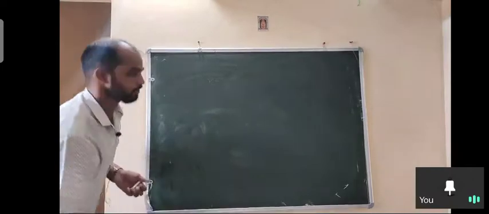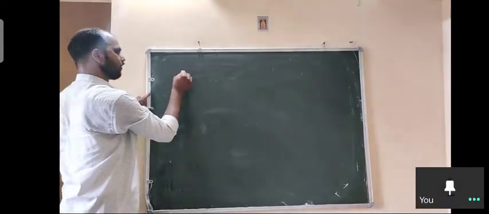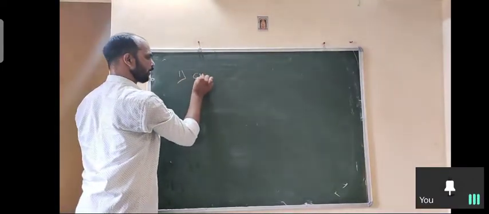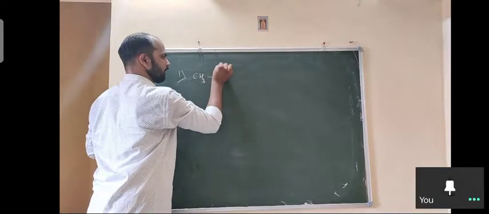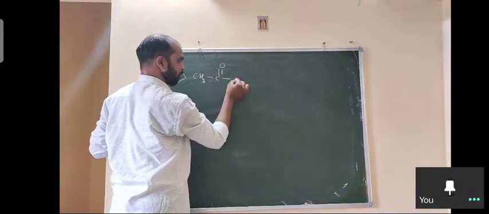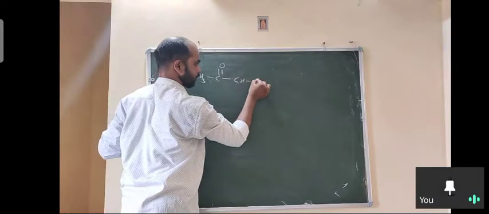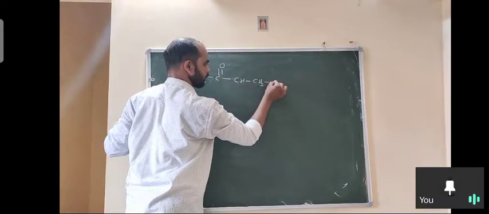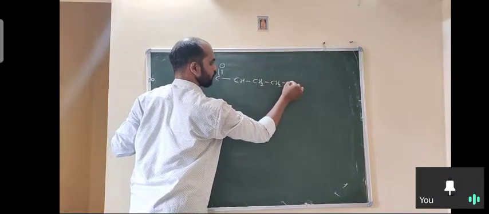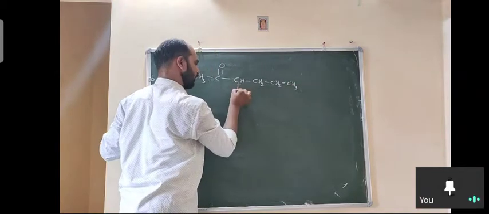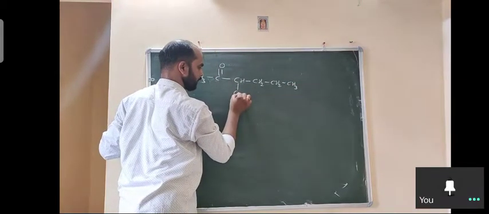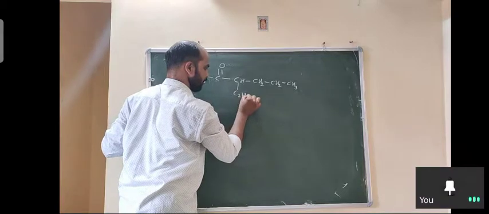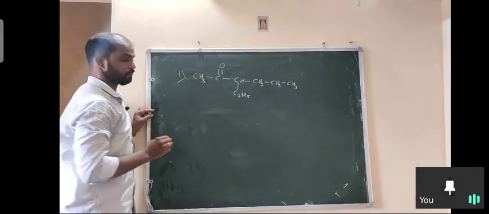You try to synthesize, first, it is for your homework, CH3 C=O CH with CH2CH2CH3, and here C2H5.